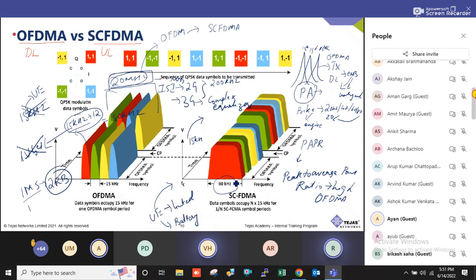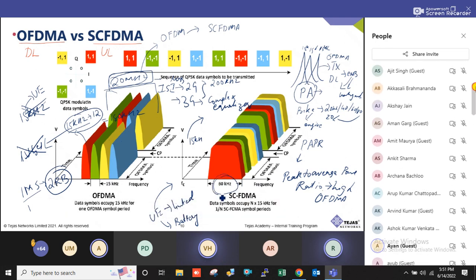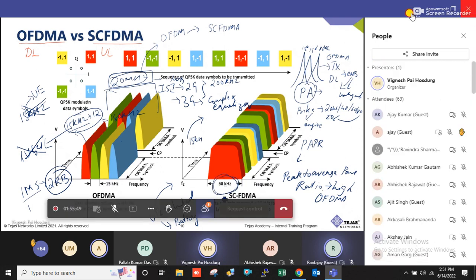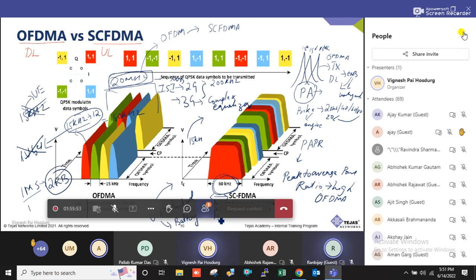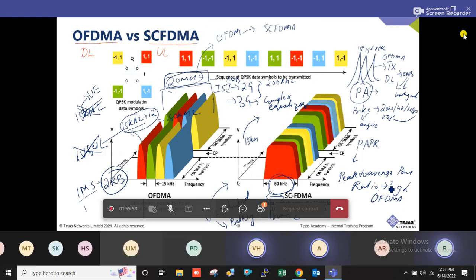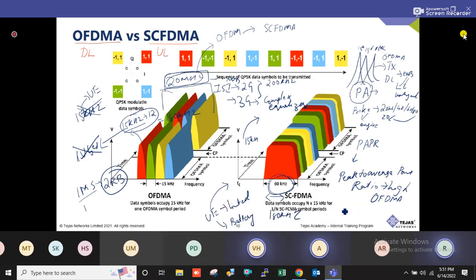We are cutting down at a higher subcarrier spacing, usually 180 kilohertz itself. So now we are not having any PAPR issue because the PAPR averages out and becomes low. So in SCFDMA, the complete data gets spread out. You can see here, it is not multiple frequency, it is single frequency.